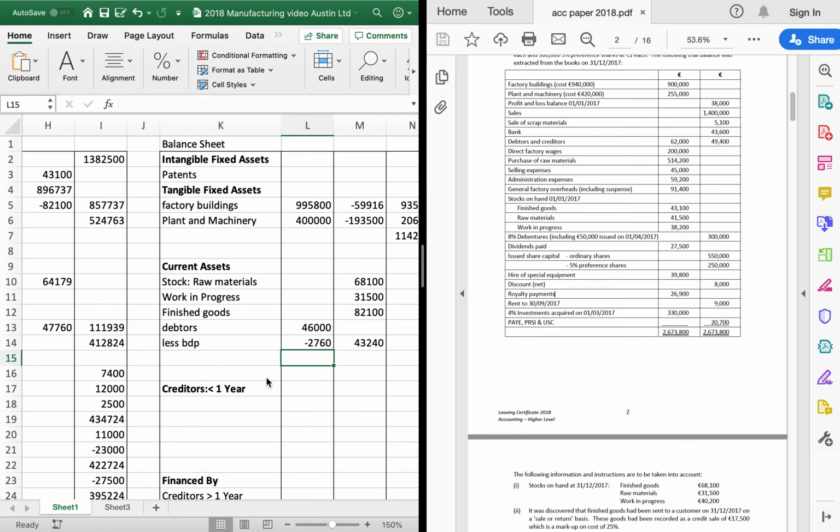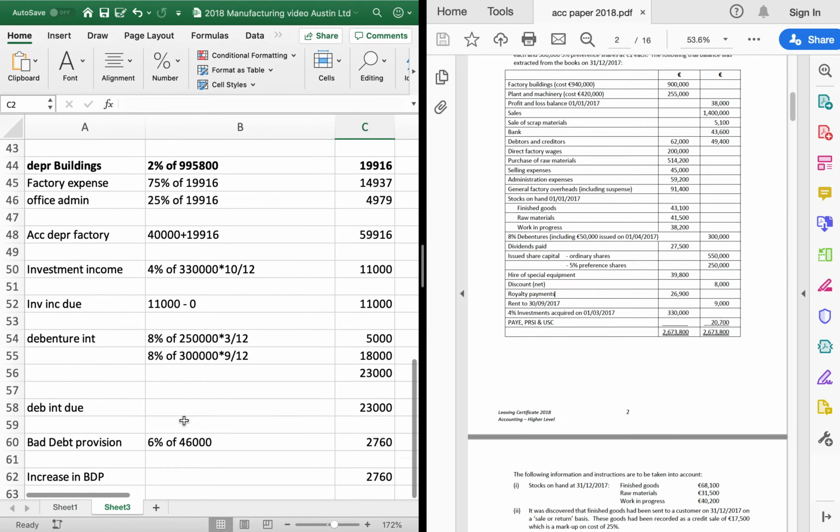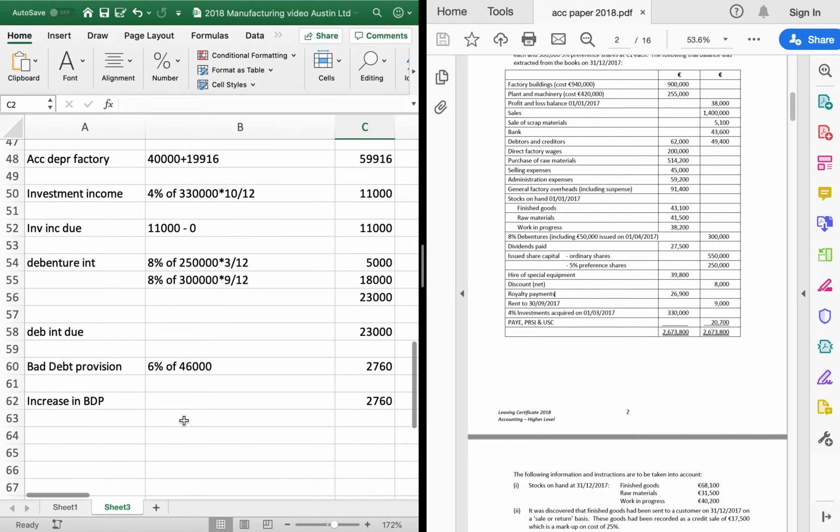Okay, so that's 43,240. Just having a look. Anything else on the debit side there that hasn't gone in? No. So the last one is, I think there's investments, isn't there? So investment income due is 11,000.